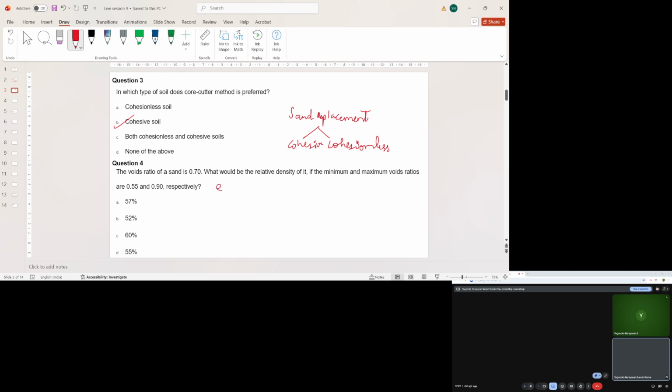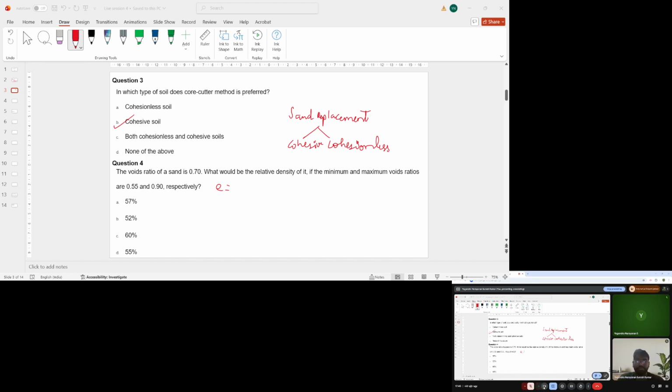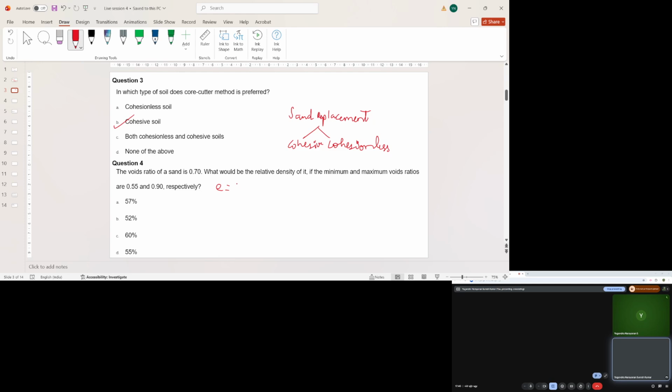So they have given e as 0.7, and e min is 0.55 and e max is 0.90, right?